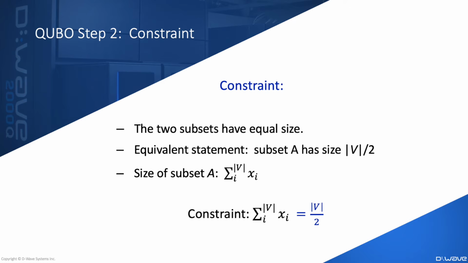I didn't come up with this: if I sum up the individual x sub i's, I'll find out how many are in subset A, because we assumed that if x sub i is 1, it's in A. So the constraint is the sum over i of x sub i equals the number of vertices divided by 2. Why do we divide by 2? Because we're dividing into 2 subsets.